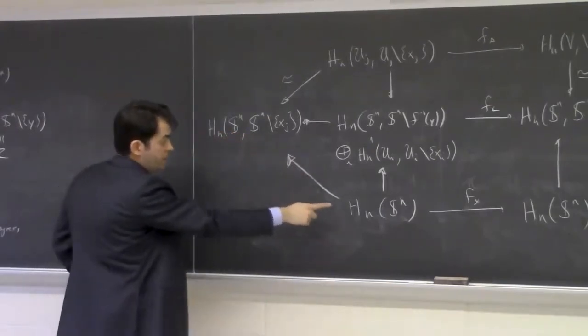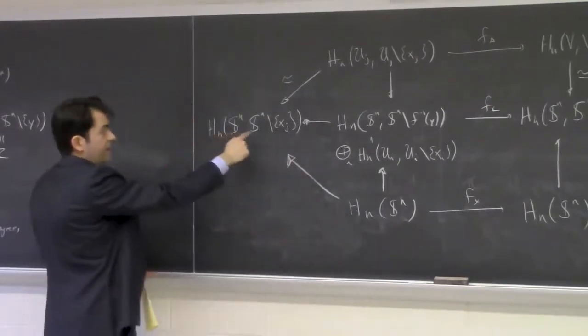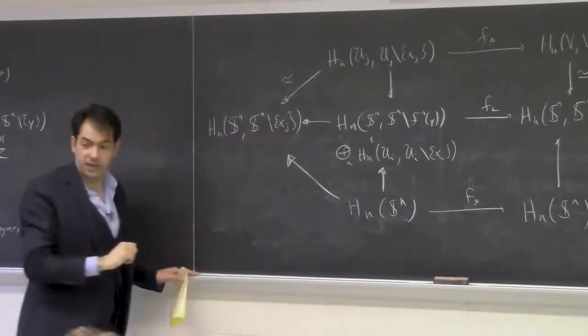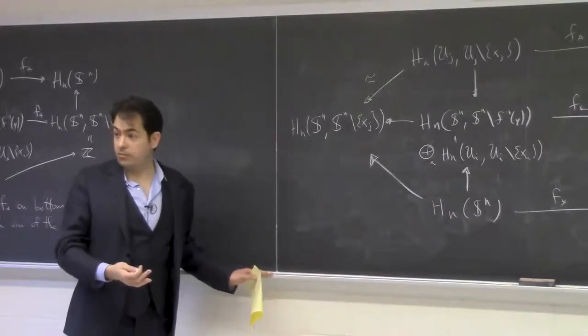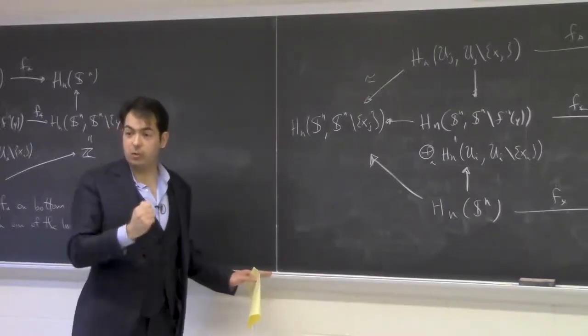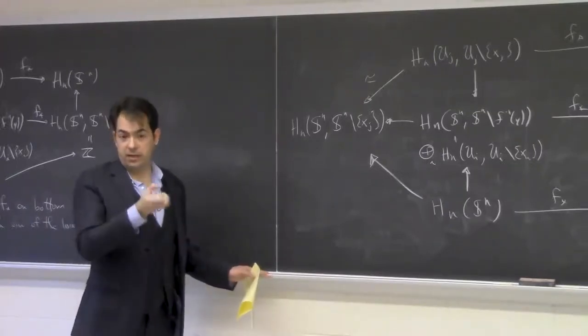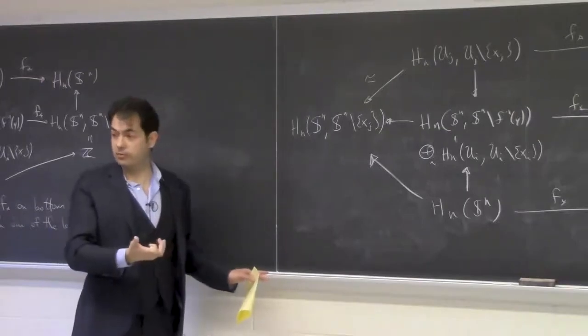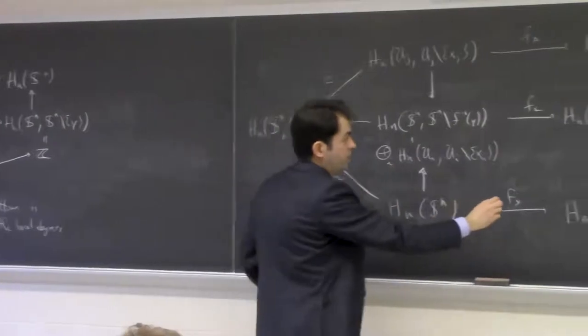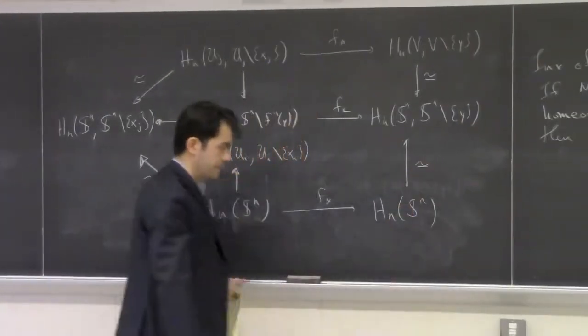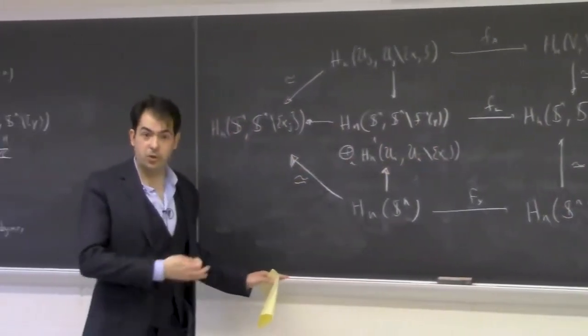And this is a pair S^n minus x_j. And S^n minus x_j is contractible, right? If you take a sphere and remove a single point, you can contract that to the opposite point, for example. So that makes this arrow and this arrow also an isomorphism, from the long exact sequence.